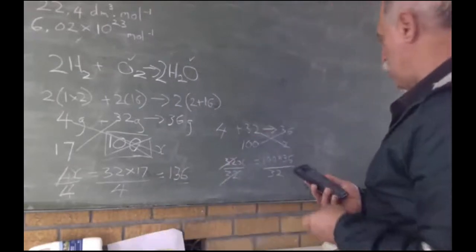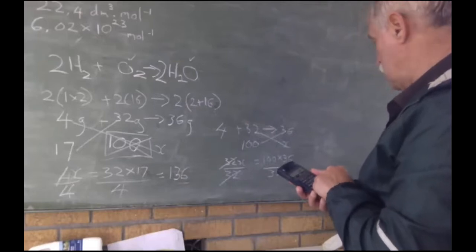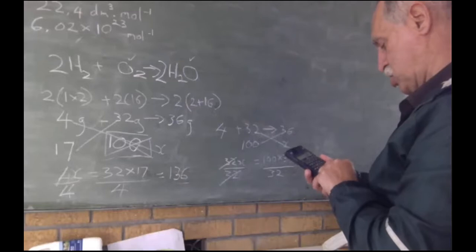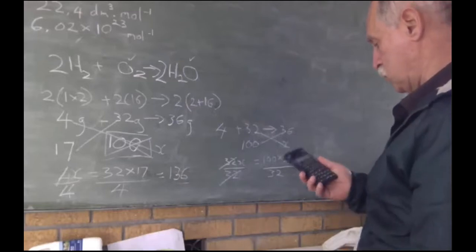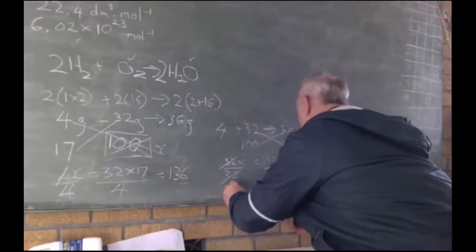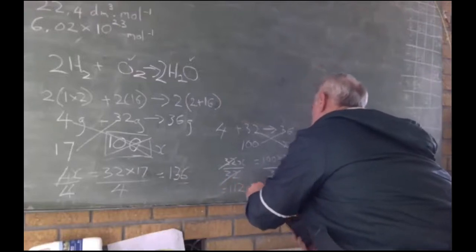And I'm left with 100 times 36 divided by 32 equals 112.5 grams of water.